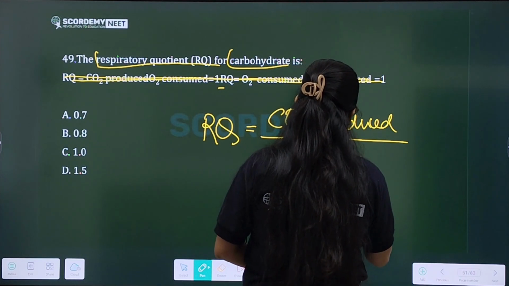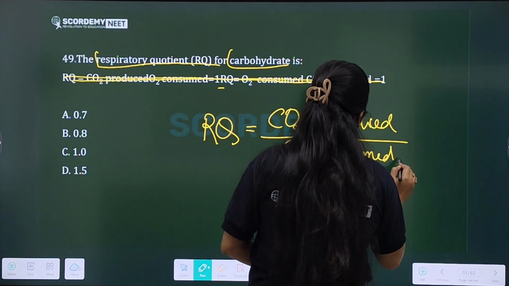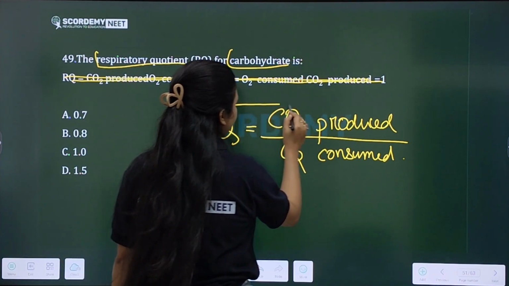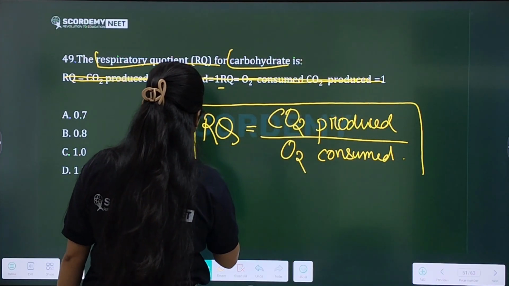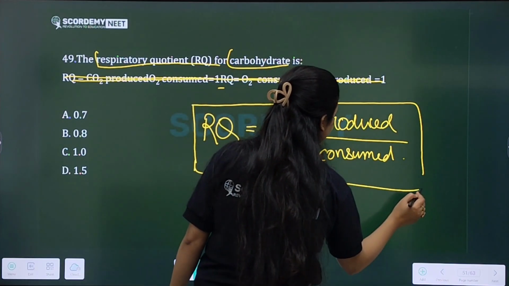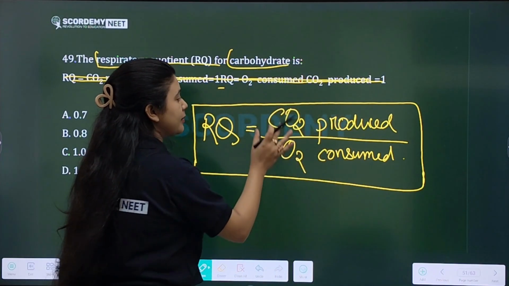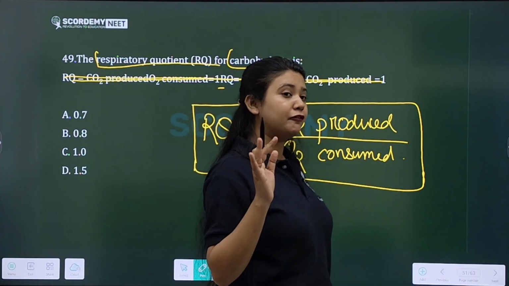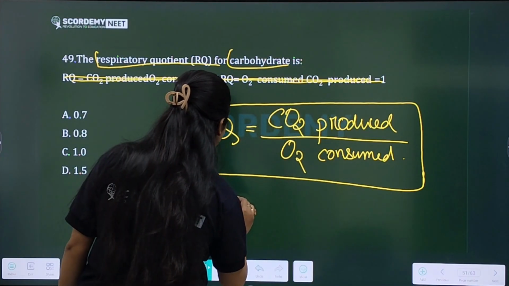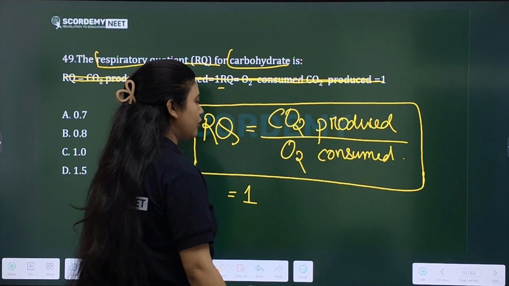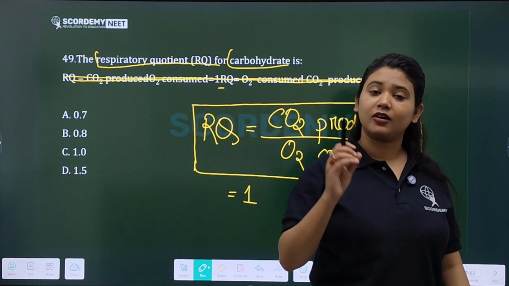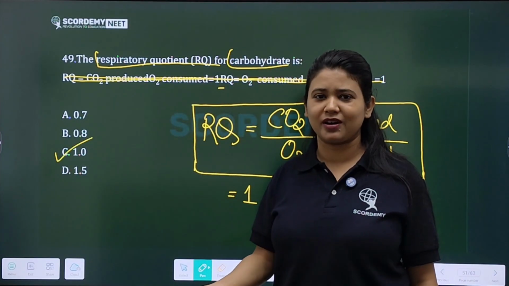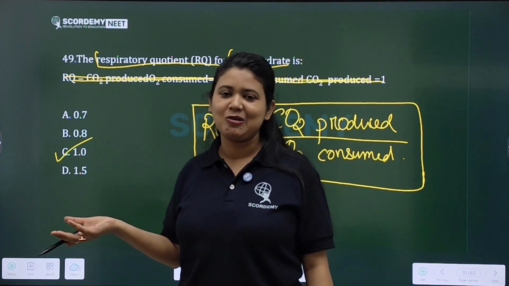So this is the respiratory quotient formula, or the equation, whatever you want to call it. Carbon dioxide produced upon oxygen consumed, and the value is 1. It is always 1. So the answer is option C, 1.0, which means 1.